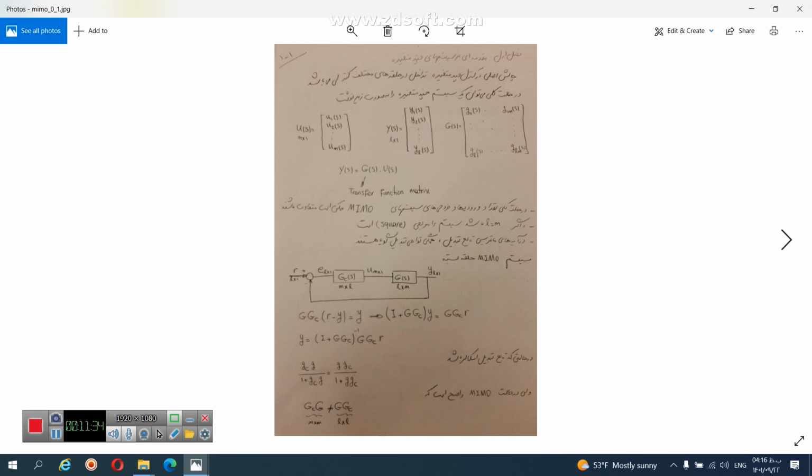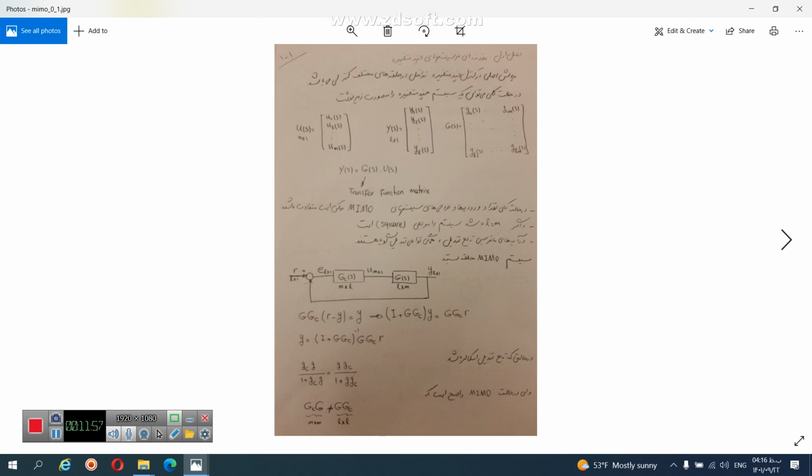Yeah, thank you. This is for SISO systems. Okay, thank you. Means y to r equal to g over 1 plus g multiplied by c.